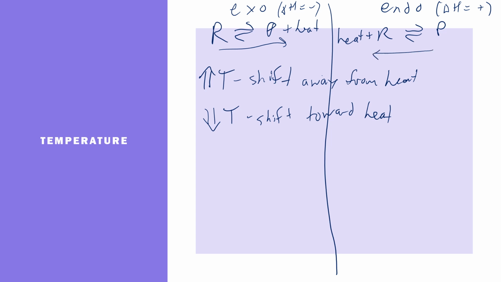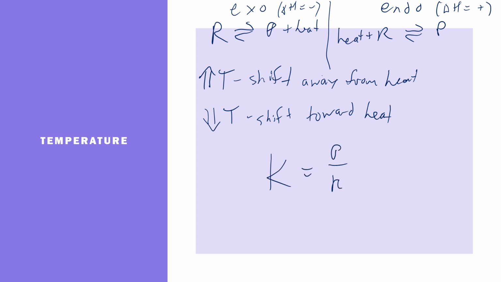Now, remember I said that this will affect the value of K, okay? So once you figure out which direction it is shifting, then you need to look at how the value of K will change. K is products over reactants. So let's say I have an exothermic reaction and the temperature increases. So it's going to go towards the reactant side.